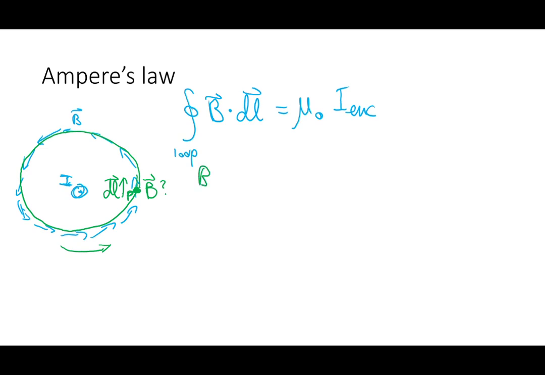And since my B is parallel to dl, they have the same direction. So then we end up with a positive B dot dl, right? And so that must mean that the current, which is out of the page, must also be positive.